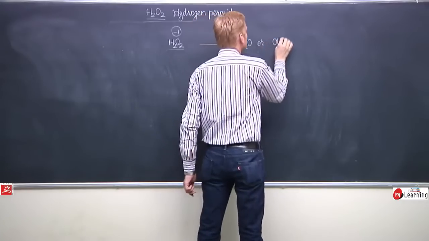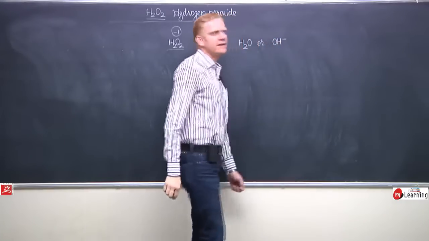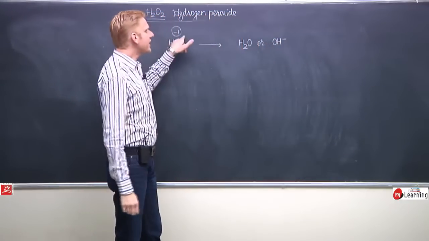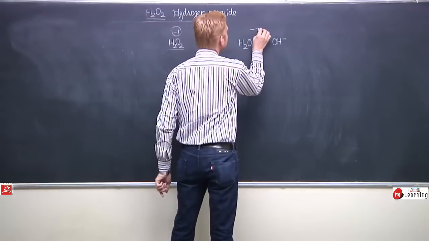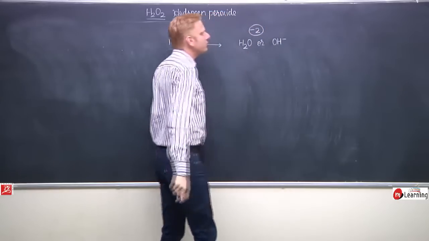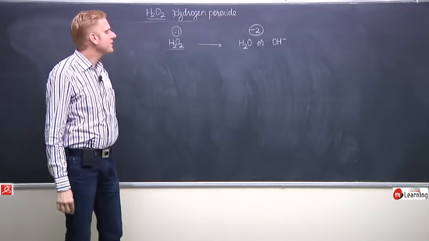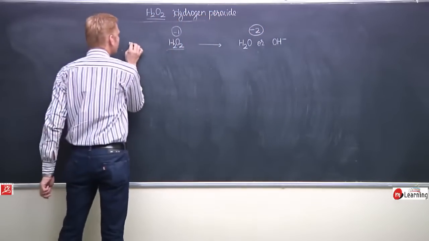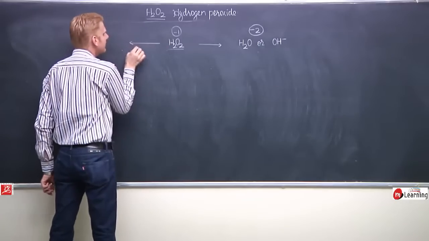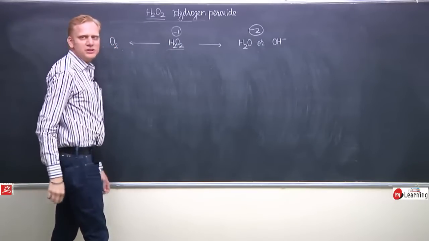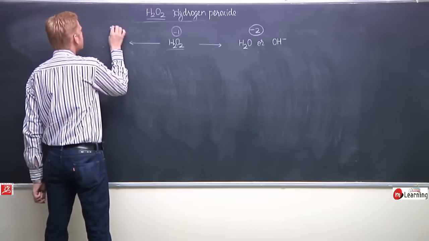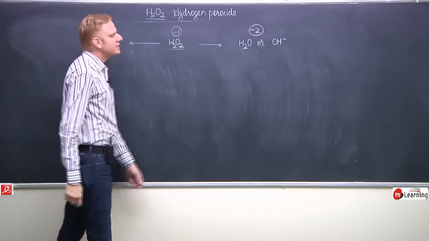Water or any hydroxide formation will change the oxidation number of oxygen from -1 to -2, right? Also, if we convert hydrogen peroxide into oxygen, the oxidation number of oxygen in O2 is 0.